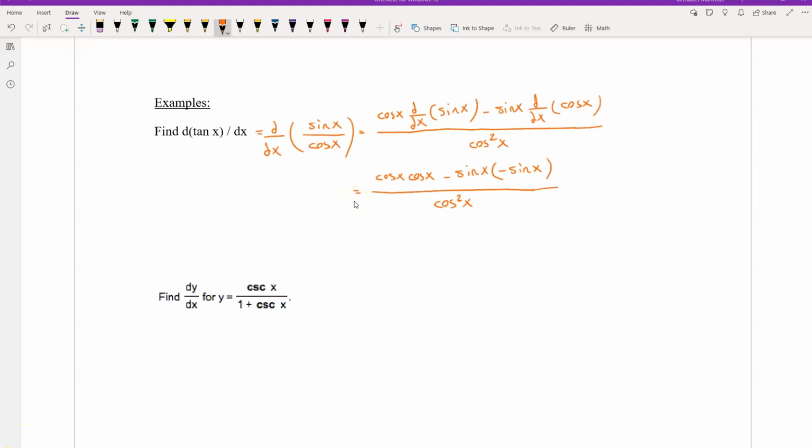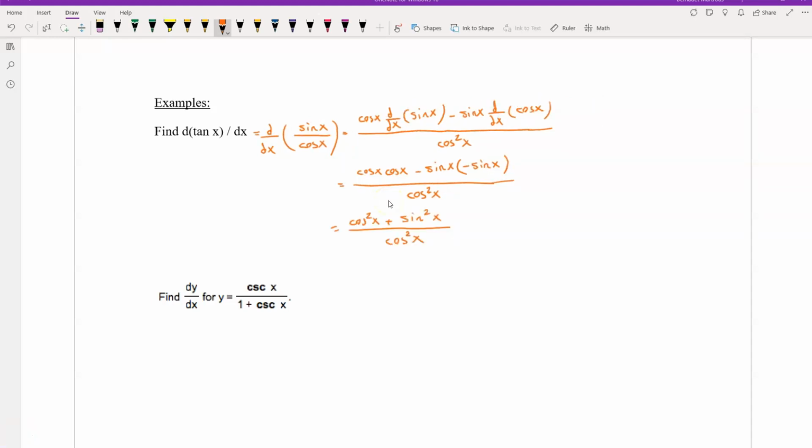The derivative of sine is cosine, so minus sine x times the derivative of cosine, which is negative sine x, divided by cosine squared x. Now here what we have is cosine times cosine, so that is cosine squared, plus here we have negative, and here on this part we have negative, so negative times negative is positive, and sine times sine, we have sine squared divided by cosine squared.